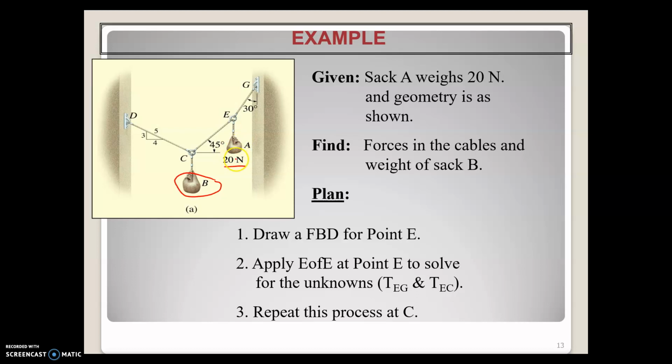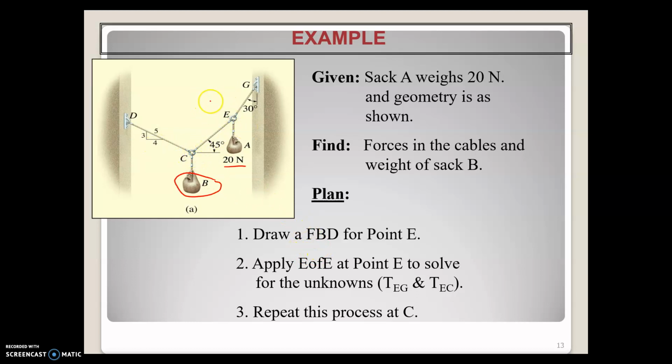Sebab it is given information lebih banyak di particle E. Right? Then you apply equation of equilibrium at point E to solve for the unknowns, which is tension EG dan juga tension EC.